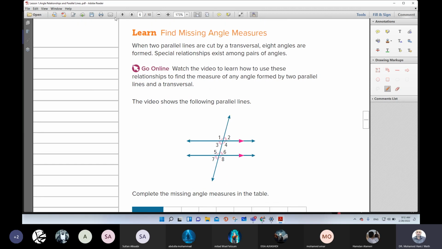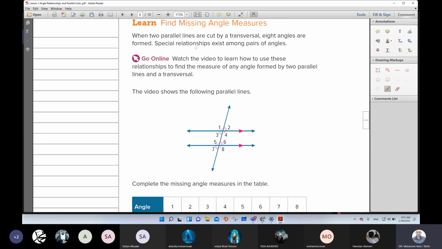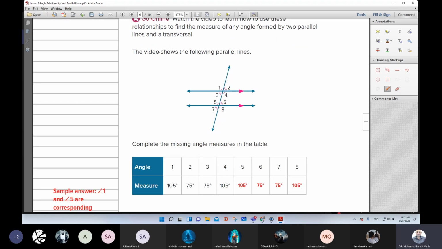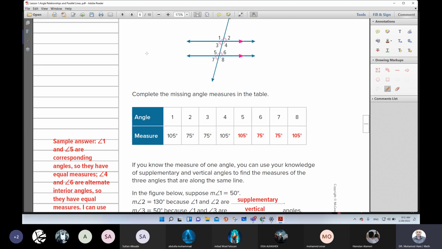Now, we want to learn how to find missing angle measures when two parallel lines are cut by a transversal. 8 angles are formed. Special relationships exist among pairs of angles. Listen here.